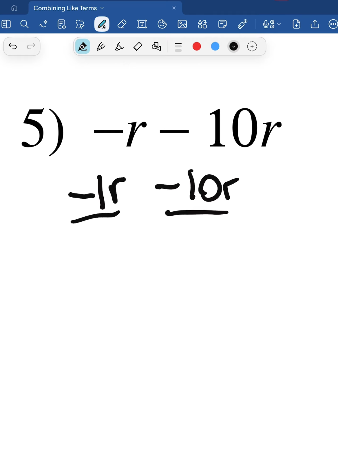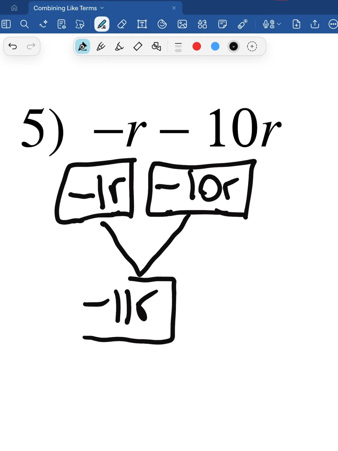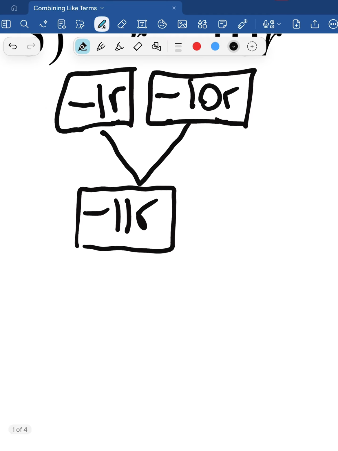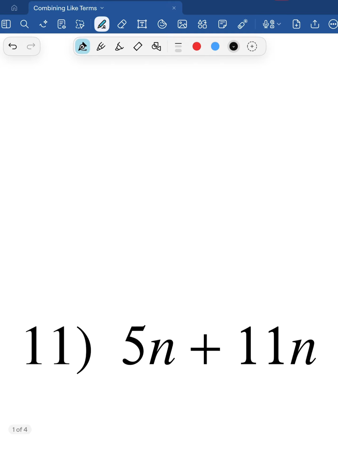Because both of them have an r, and the r is not squared, it's just a plain r, which makes them like. In this case, we can say a -1r and a -10r. Well, that's a total of -11 r's.